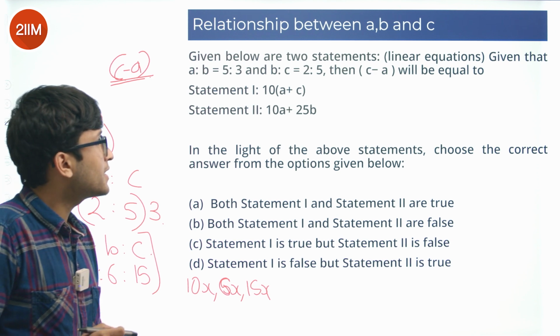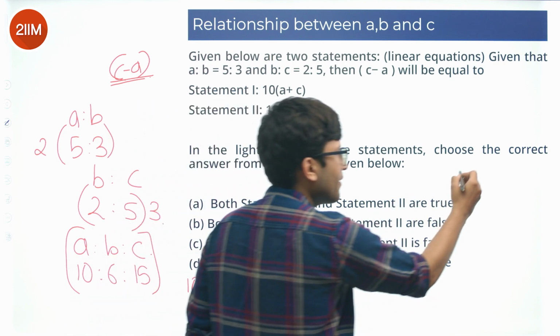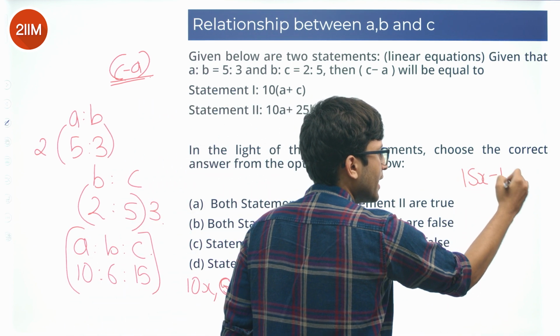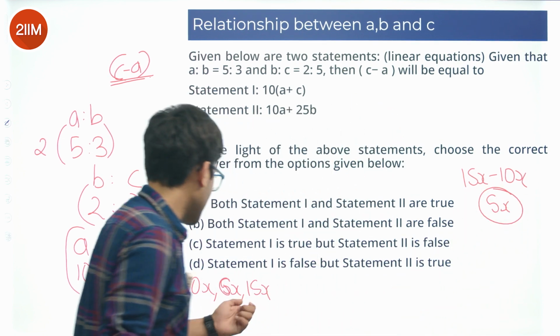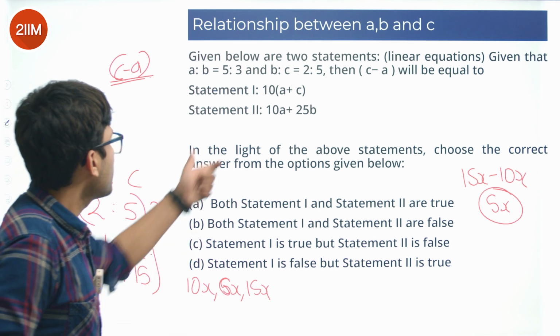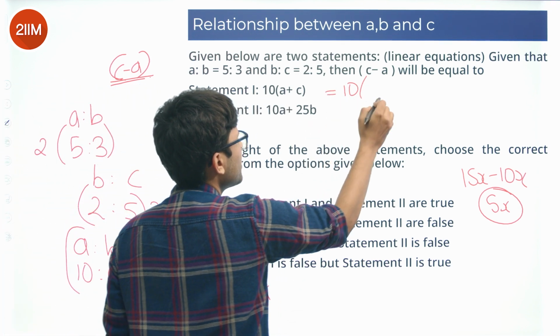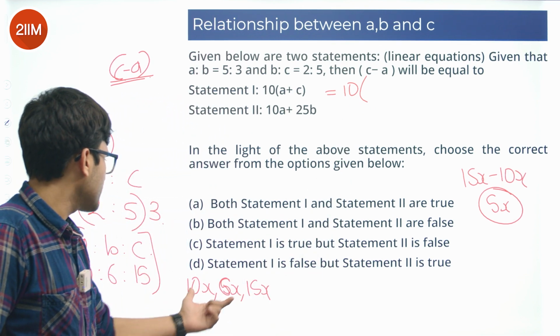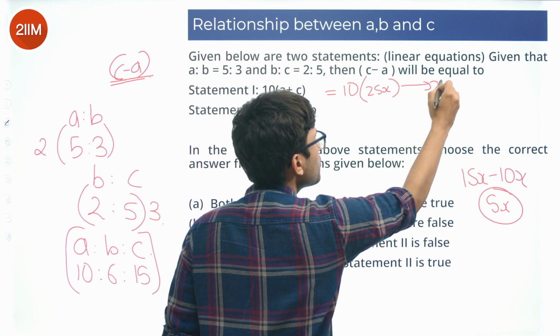Then C minus A will be equal to 15x minus 10x, which is equal to 5x. C minus A will be equal to 5x. Now 10 into A plus C, which will be equal to 25x, so this is equivalent to 250x.